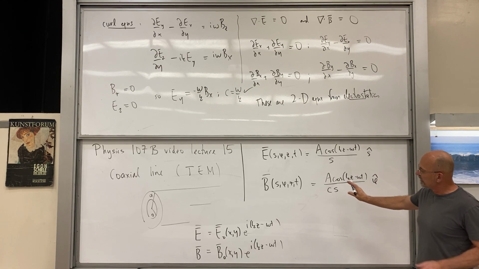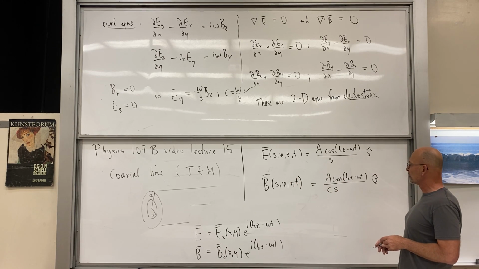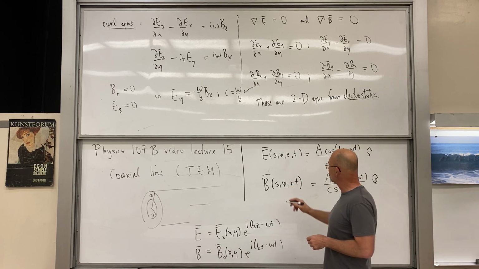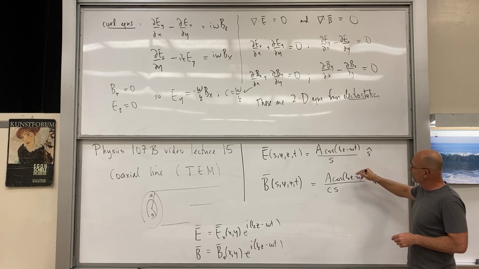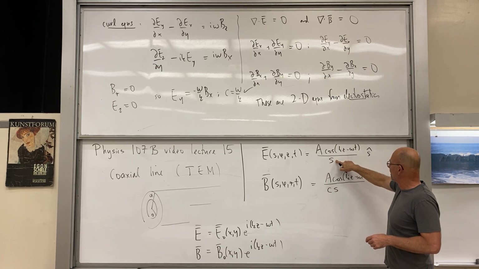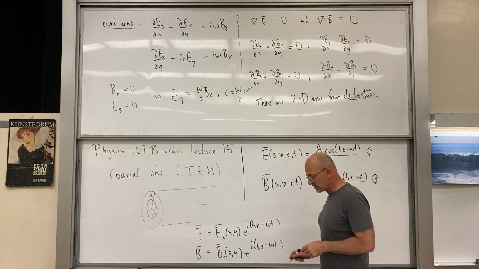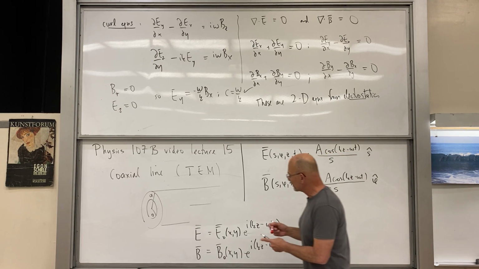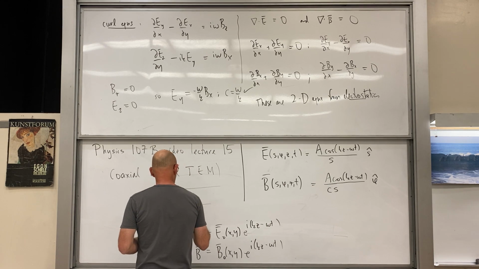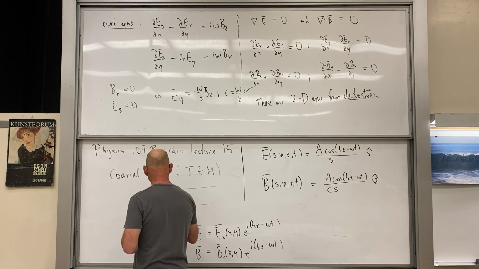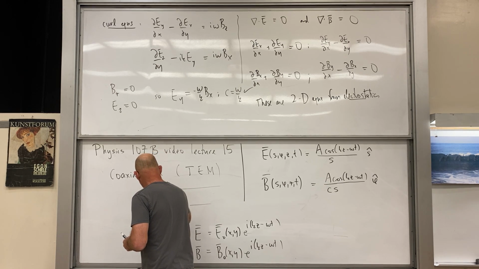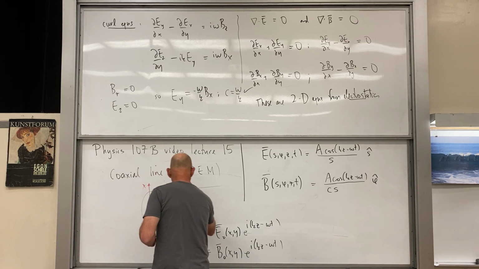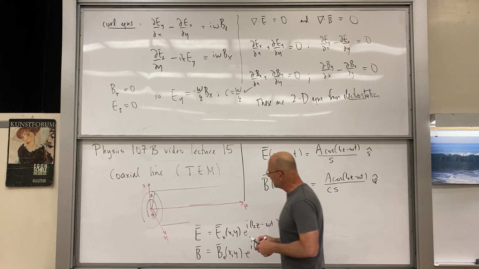So let's go ahead and ponder these. I can segue right into what our exam question is going to be. So these are the solutions traveling in the Z direction, and this is the radial S. If we continue using this picture here, we could have X, Y, and Z like this.